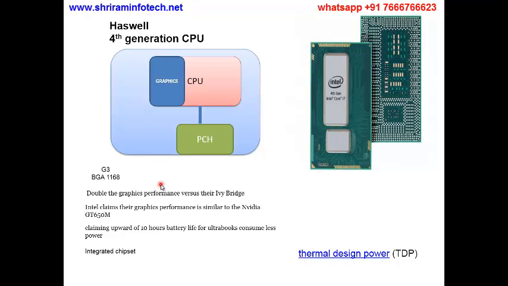So only one chip will be there. There is no clock, no graphics, no PCH, no SATA, no USB controller, everything is integrated. Audio, network, of course network chip is there, audio chip is there, but the main controller is inside the processor.